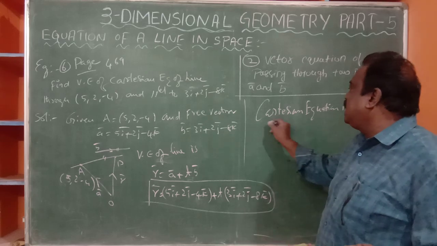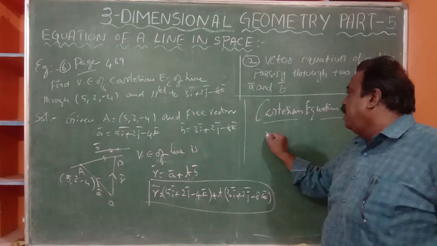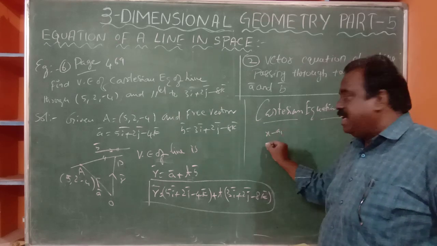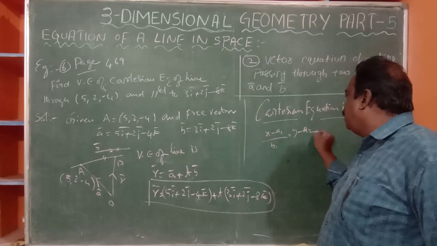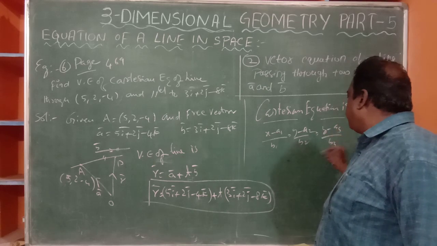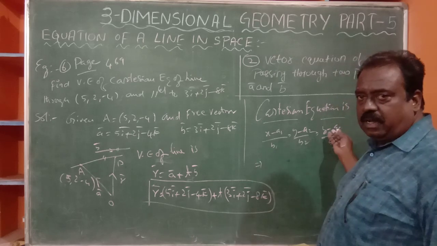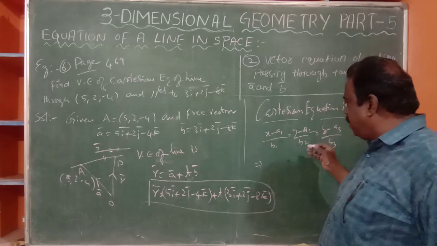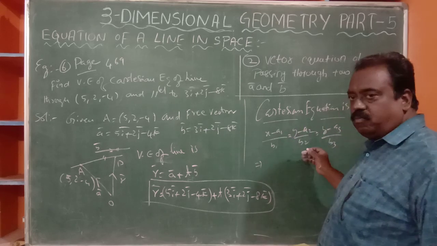So the Cartesian equation is x minus a1 by b1, y minus a2 by b2, z minus a3 by b3. Now it is not needed to write t or lambda or k, because all those are equal to the x term, y term, z term.